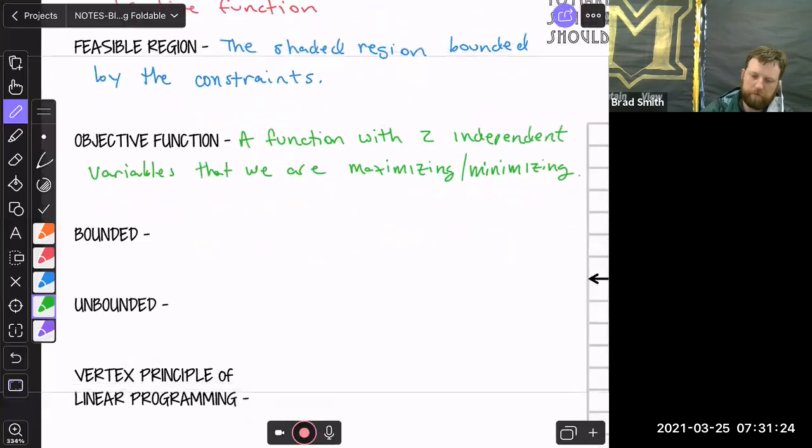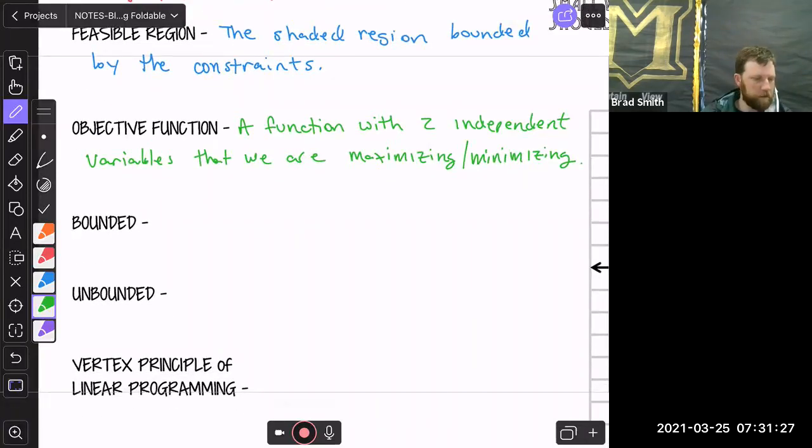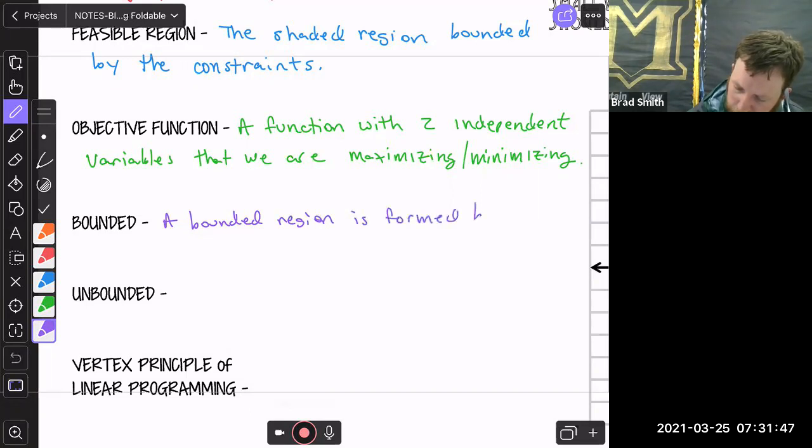Next, a bounded region is formed by a closed polygon. It's going to be colored in.